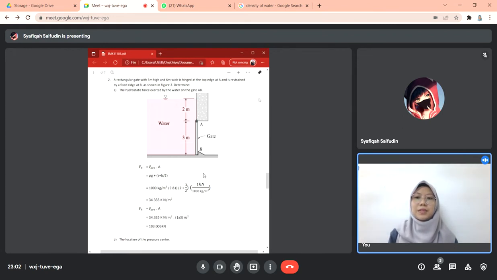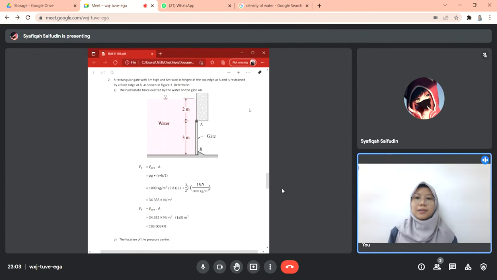So P average is equal to rho g times S plus B over 2. This is the equation for the area. So I multiply the rho, which is the density of the water, 1000 kilogram over meter cubic, times the gravity, which is 9.81.